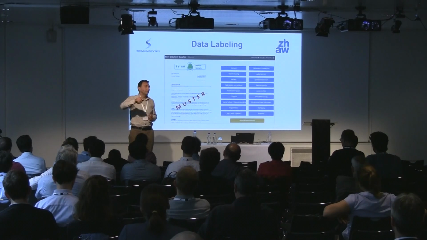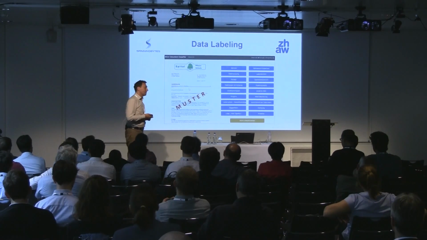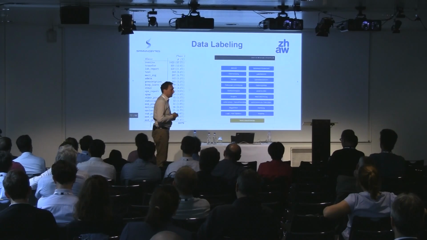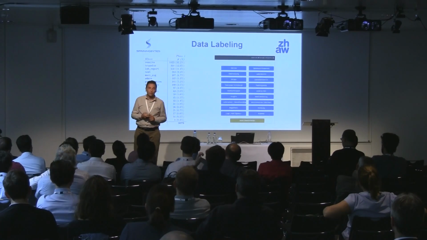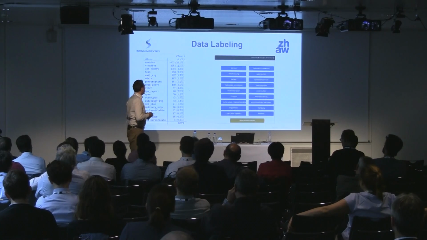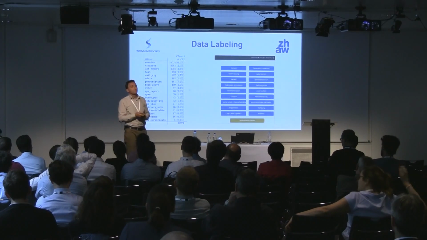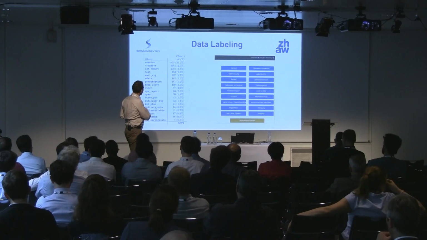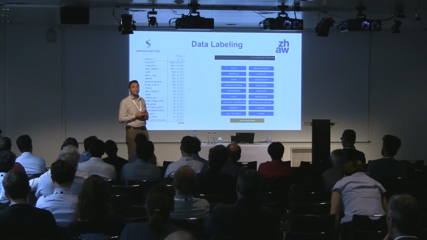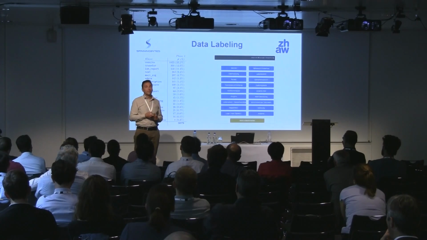So he can click through all the documents, and this gives us some labeled data that we can use for training our algorithm. And in the first phase, we let them label something like 3,000 documents and analyzed how many of the different types of documents we got.